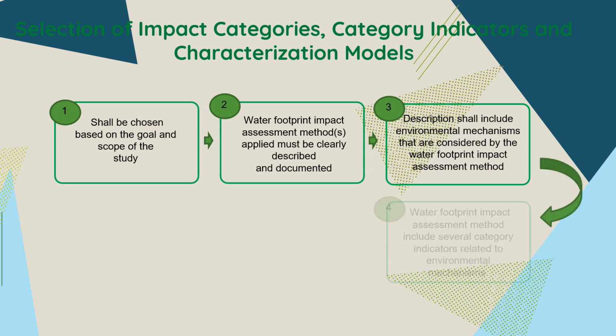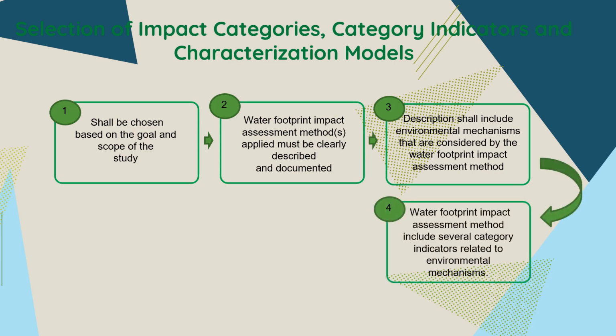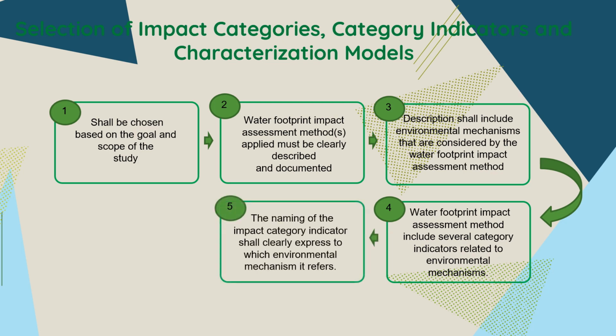Next, water footprint impact assessment method includes several category indicators related to environmental mechanisms. Next is the naming of the impact category indicator should clearly express to which environmental mechanism it's referred.